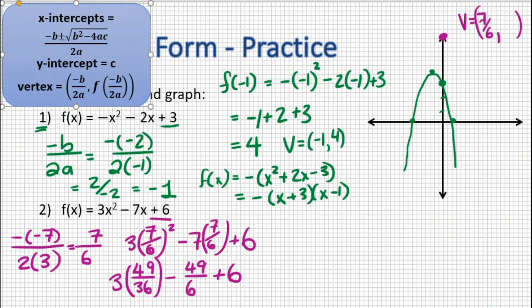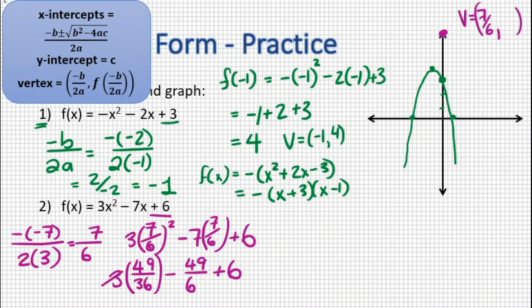Okay, so I'm going to switch to red. Oops, I did not switch to red. Try again. 3 goes into 36 12 times. So I have 49 over 12 minus 98 over 12, so changing 49 over 6 into a fraction over 12, plus 6 times 12 is 72 over 12.